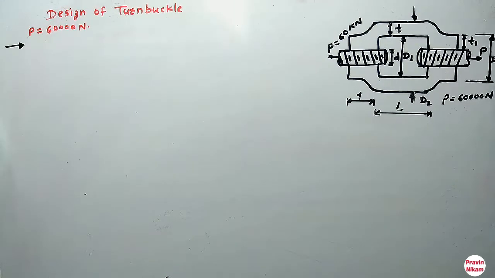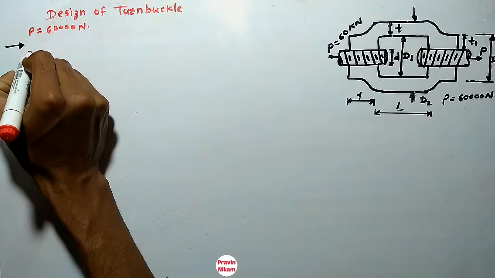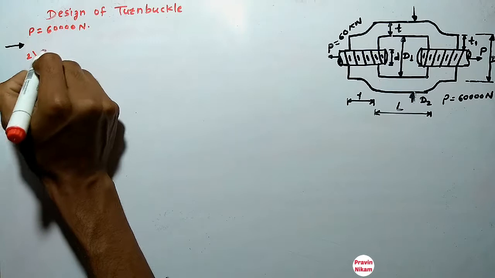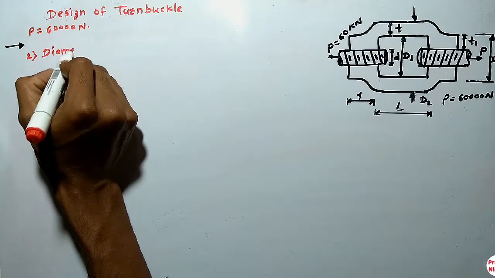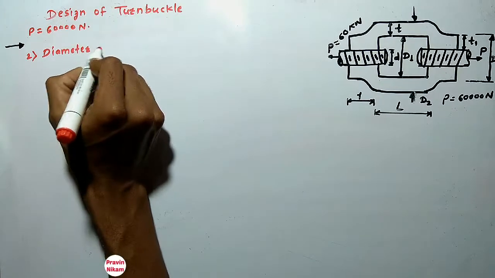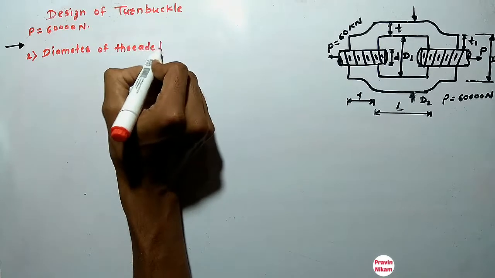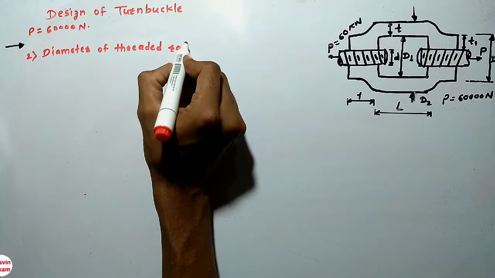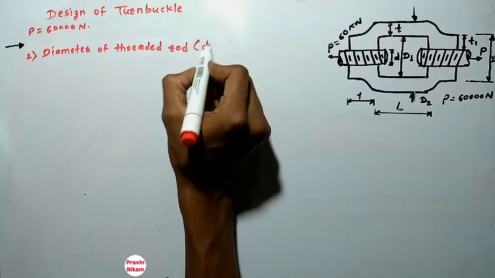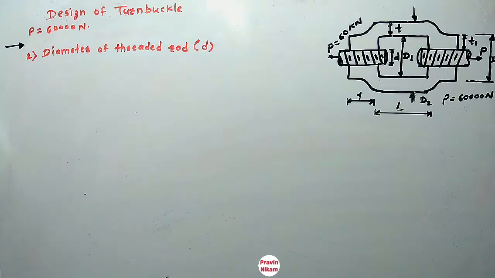Now the second dimension is diameter of threaded rod, that is D. First find the core diameter DC.